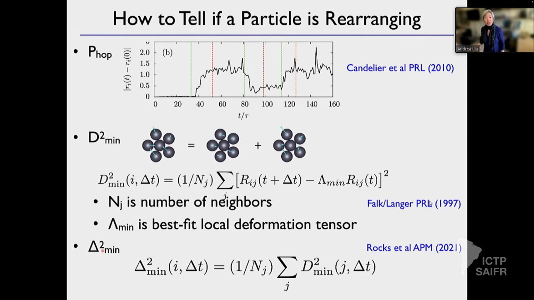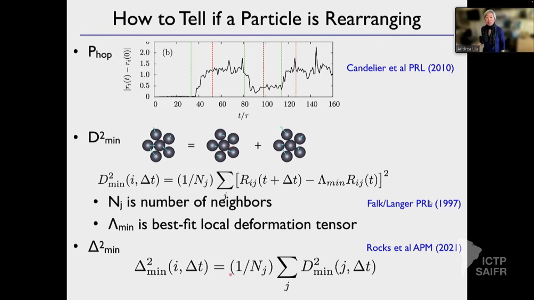Then there's another one that we call delta squared min, which is d squared min. One issue of this is if you're in the solid, there's an elastic tail. If you have a little rearrangement, a non-affine deformation that's quite big, there can be a long-range elastic tail.